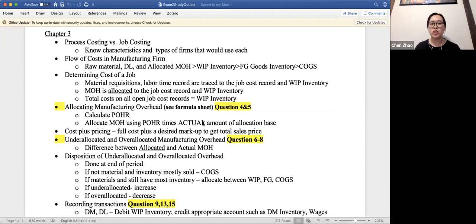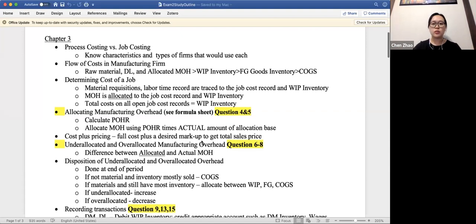Job costing is unique and customized production, such as airplanes, cars, and construction buildings. What we do in chapter 3 is figure out how to do job costing, because process costing is very easy. You just figure out the total cost and divide it by the number of units produced, and you get a unit cost.